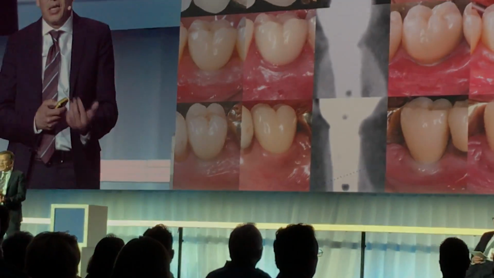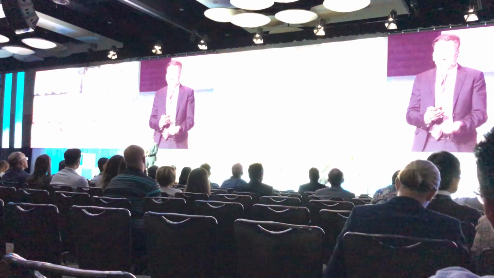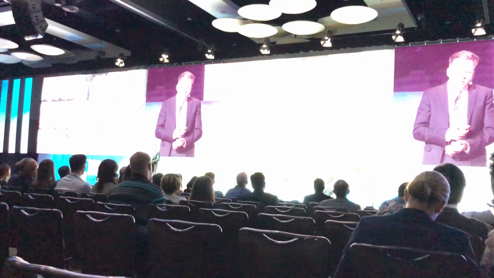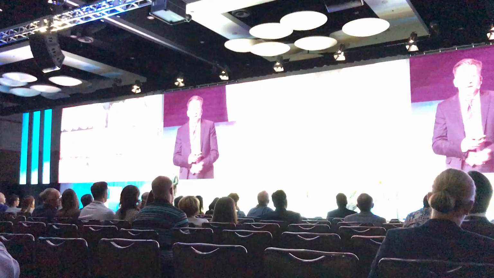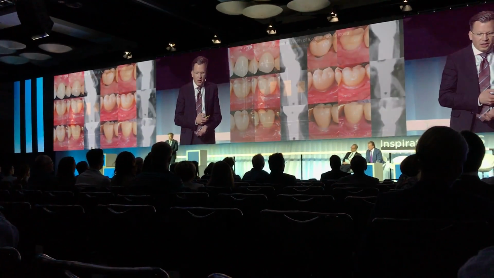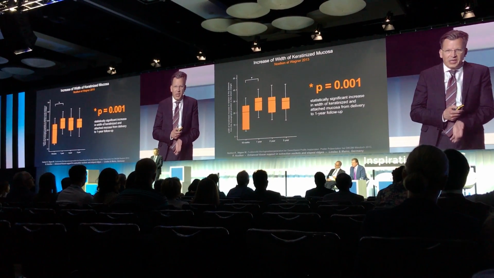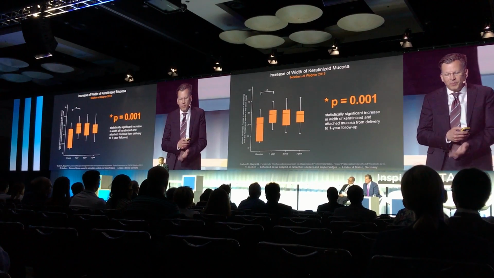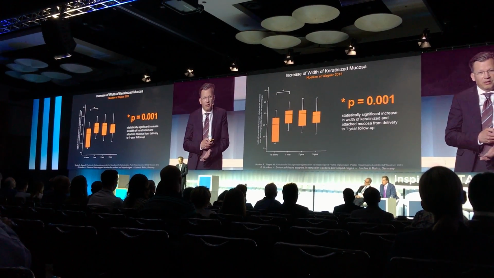The soft tissue result was not an isolated single case you have seen. Here you can see a series of cases. In all of my 15 cases, we have seen an enormous improvement of the peri-implant mucosa, as well as of the bone. From the time of delivery of the prosthetic restoration to the 1 year follow-up, we have seen a significant improvement in width of the keratinized mucosa around an implant.